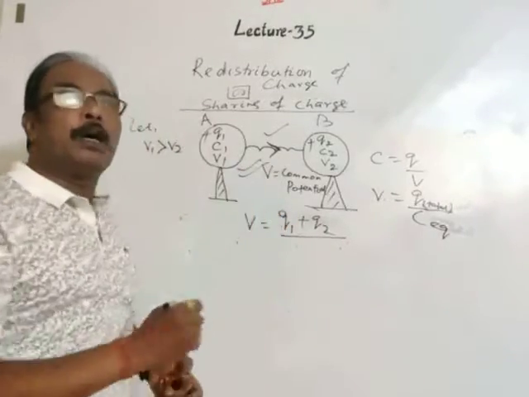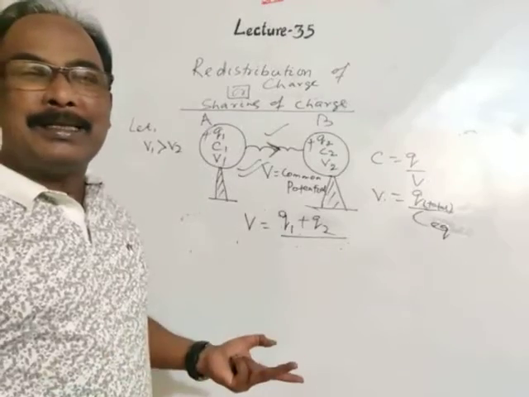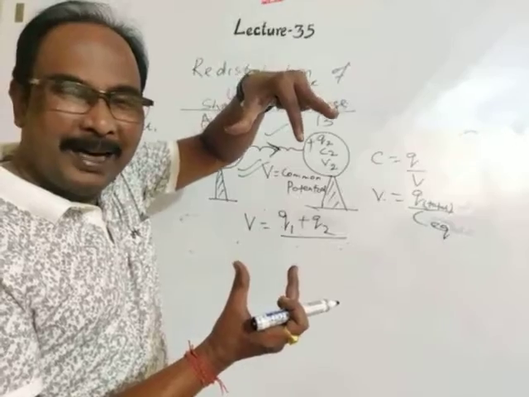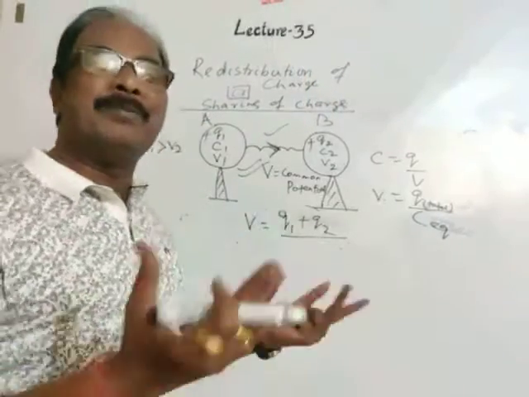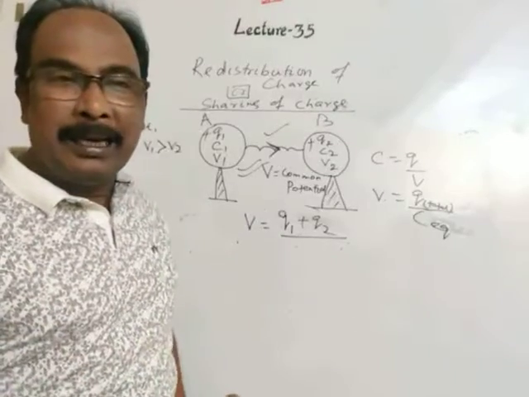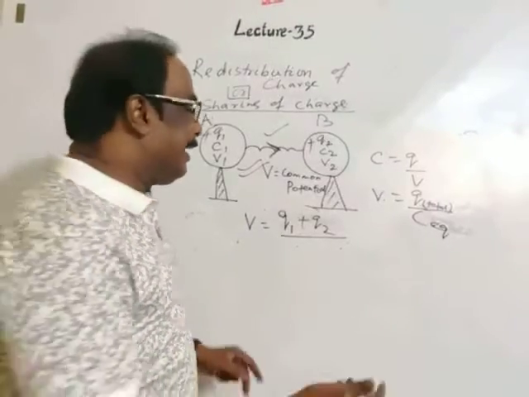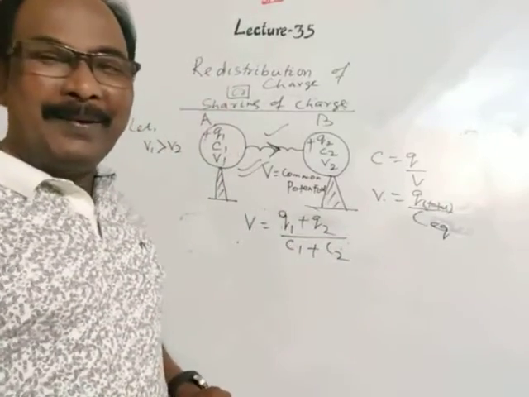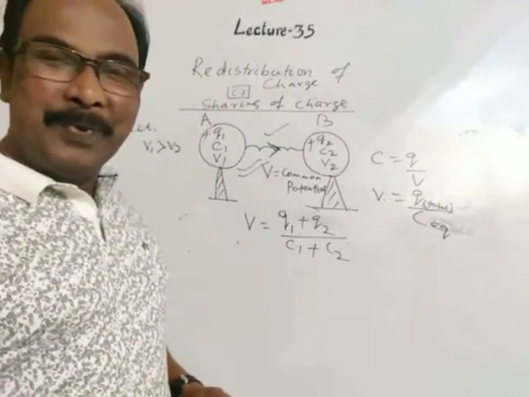Now V is the common potential of the bodies, or of the two parallel plate capacitors. When the potential difference becomes the same, then obviously we calculate the equivalent capacitance as C1 plus C2. We have discussed parallel grouping of capacitors.